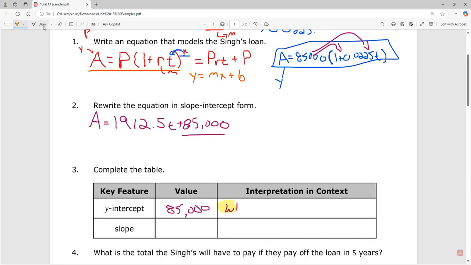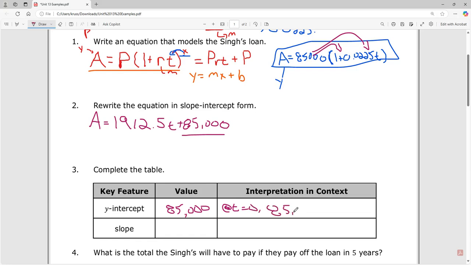Okay, this is how much was borrowed at time 0. At t equals 0, 85,000 was borrowed.